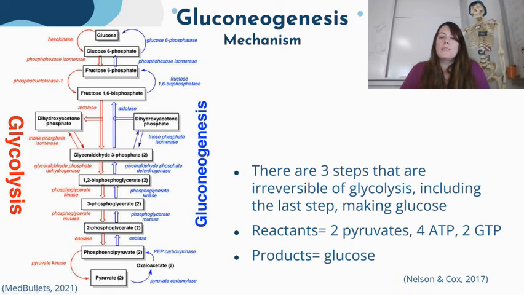Overall, the reactants of gluconeogenesis are 2 pyruvate, 4 molecules of ATP, and 2 molecules of GTP for every molecule of glucose. Now, converting the pyruvate into glucose is an endergonic reaction because it uses a lot of energy.